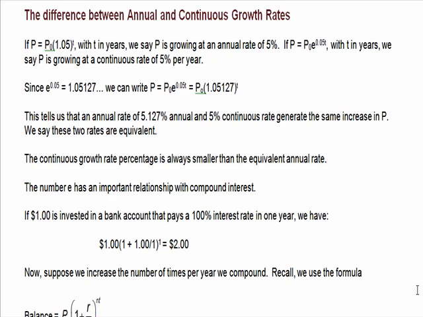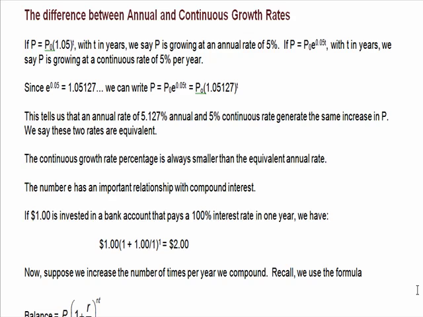So what that tells us is an annual rate of 5.127% and a 5% continuous rate generate the same increase in P. We would actually say those two rates are equivalent.